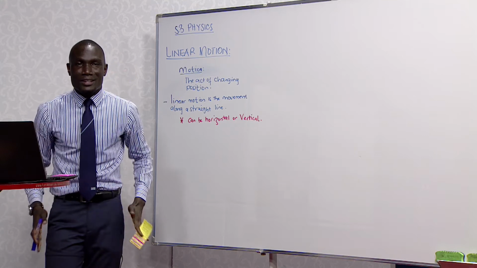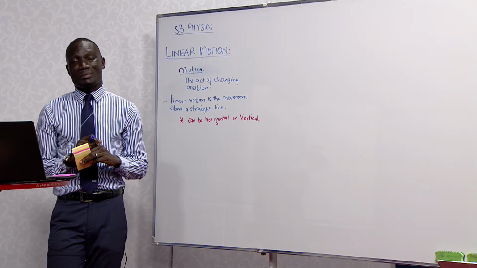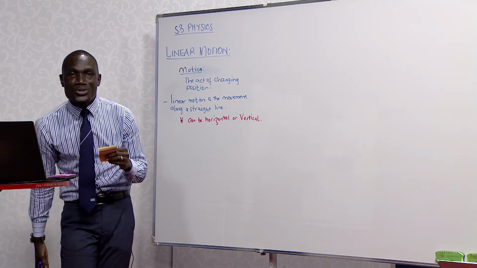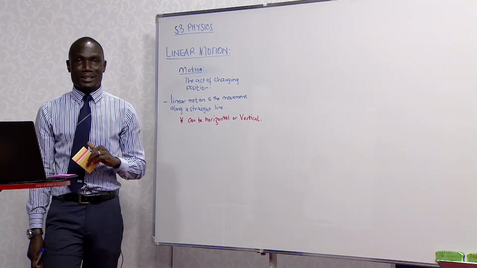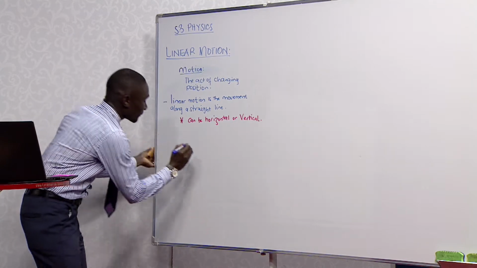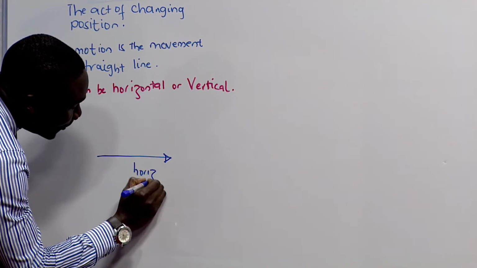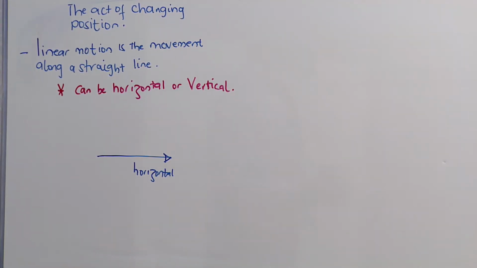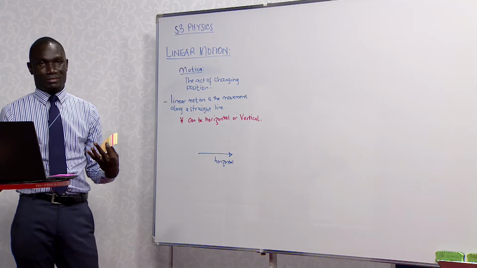You run in a straight line, but in a horizontal direction, right? In other words, you are running in this direction. So this one we call horizontal. Because you're running in a straight line, that is called a horizontal linear motion.